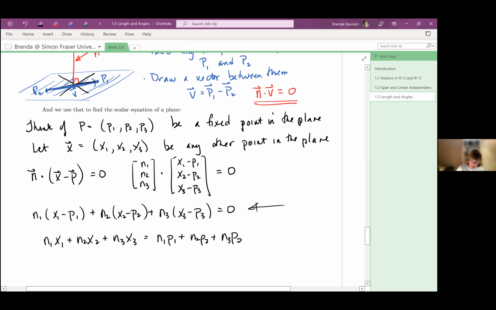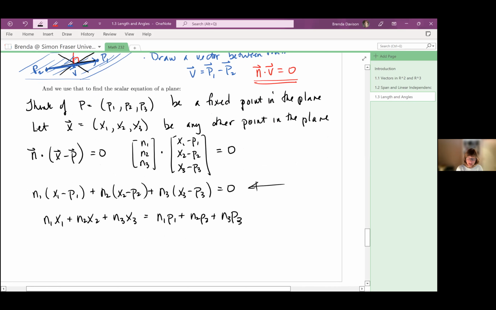What does this look like? This is highly exciting, folks. What does this look like? This looks like this: AX plus BY plus CZ is equal to D, where ABC is the normal vector.